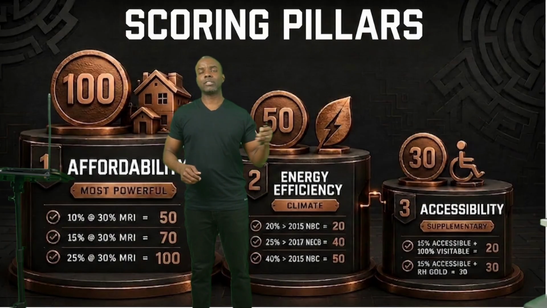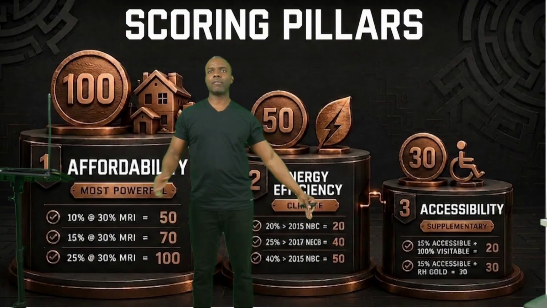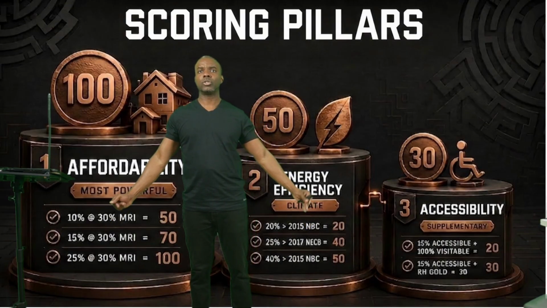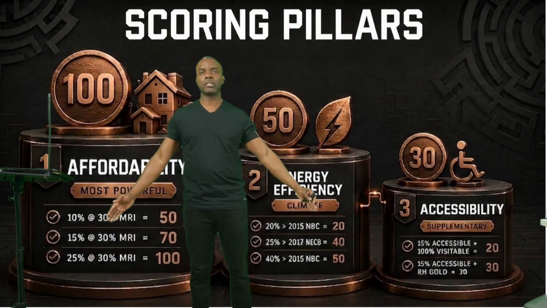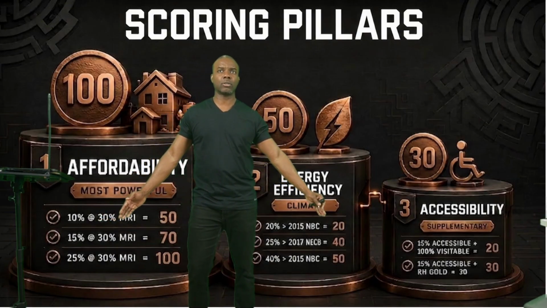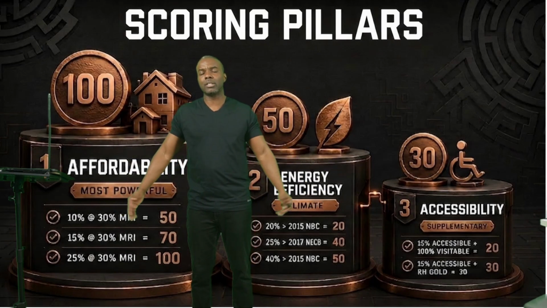So what we're seeing is people are now moving a bit more into energy efficiency. Energy efficiency used to be 100, but now you have to balance both of them out. So when we work with clients, we're seeing that they're doing 50 points, right? Basically 10% of 10 units is what, 1 unit, right?